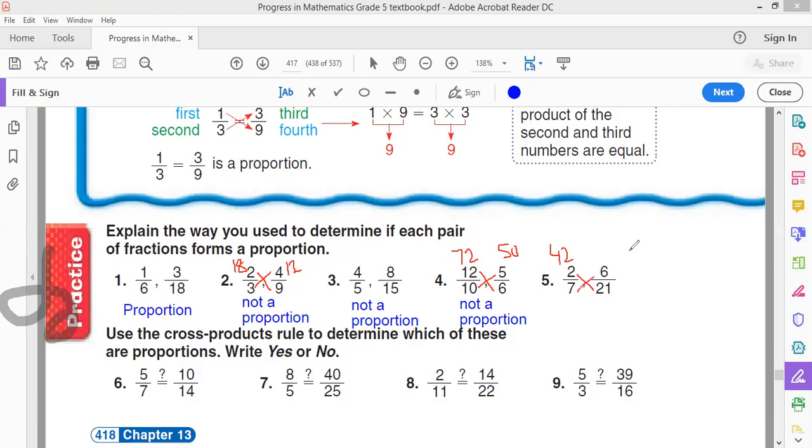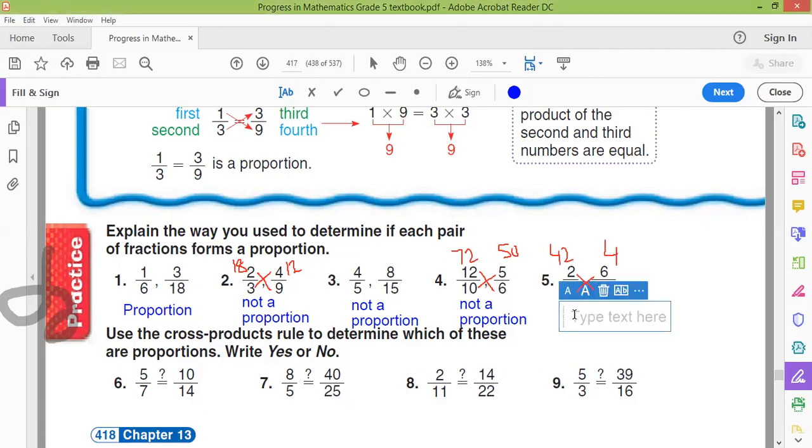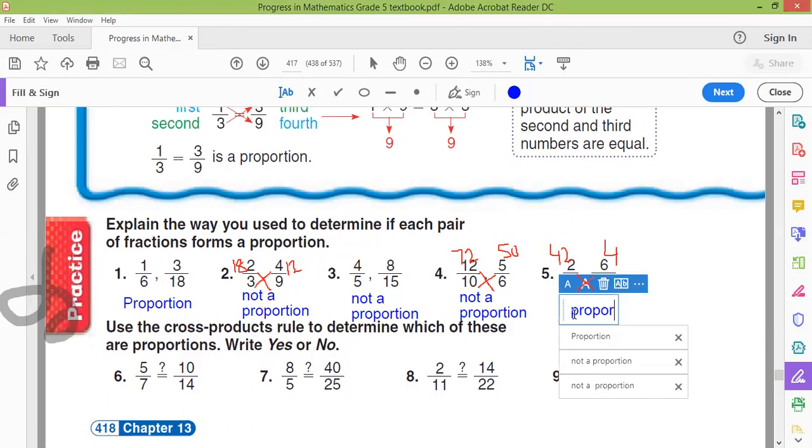And 7 times 6 is 42 also. So you can say that it's a proportion. Write down there, proportion.